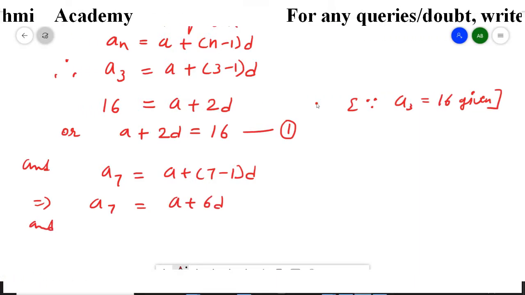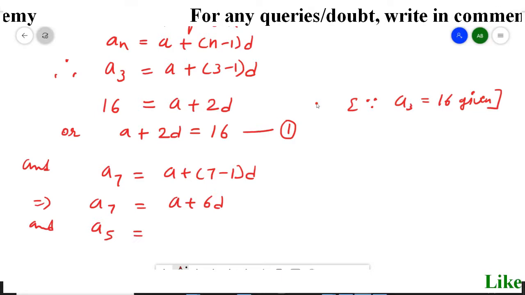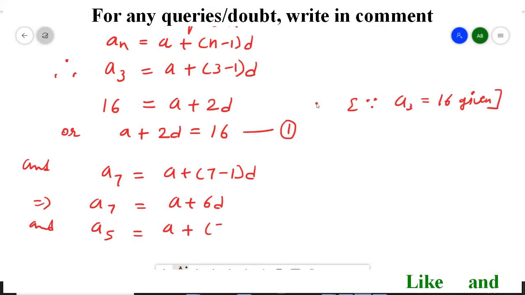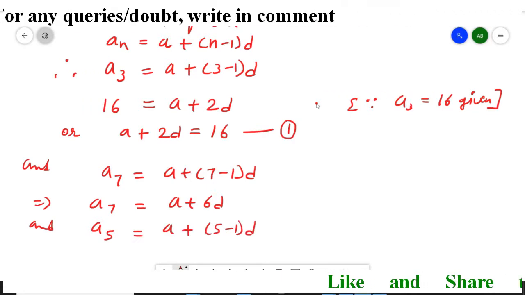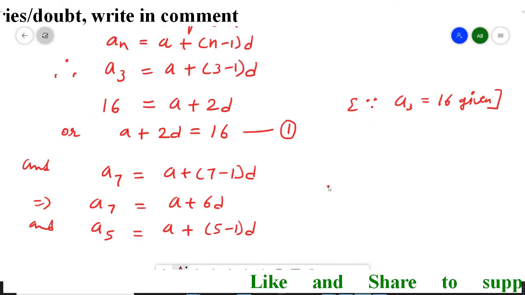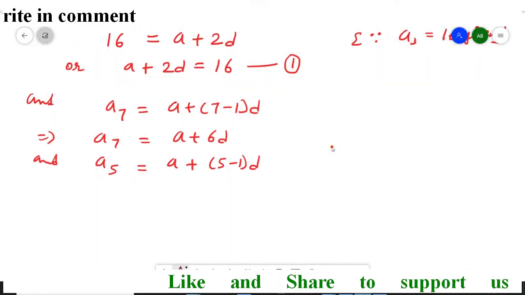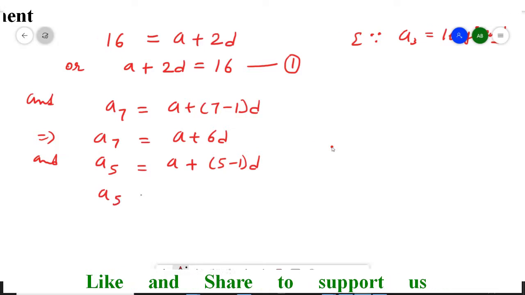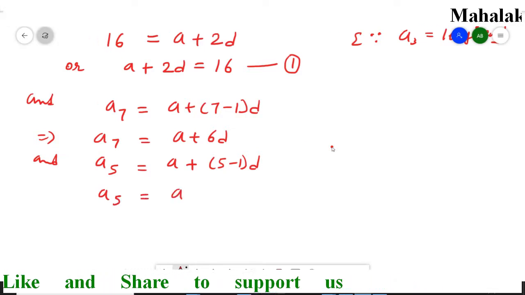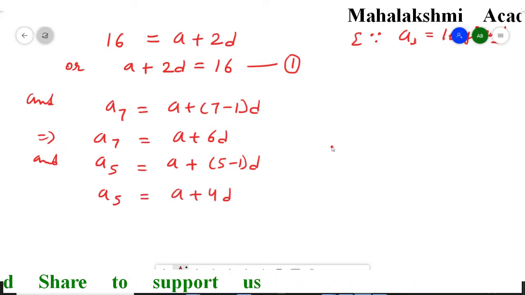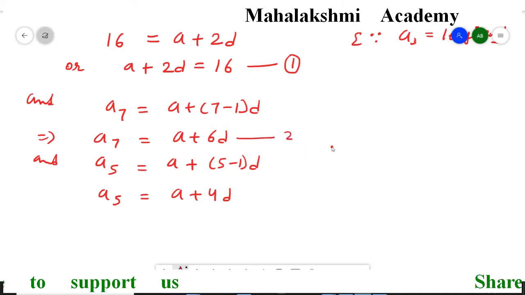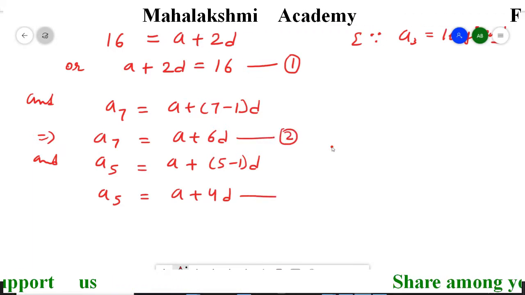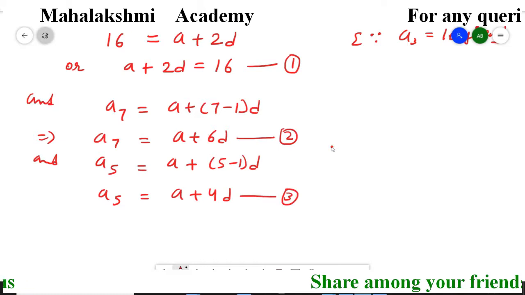And A5 is equal to A plus 5 minus 1 D, which gives A5 is equal to A plus 4D. We assume this as the second equation and this as the third equation, because we need to replace it.